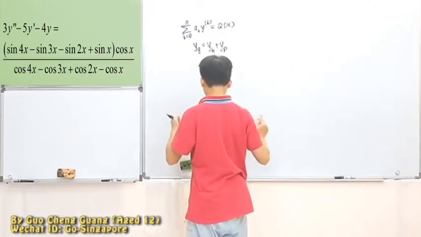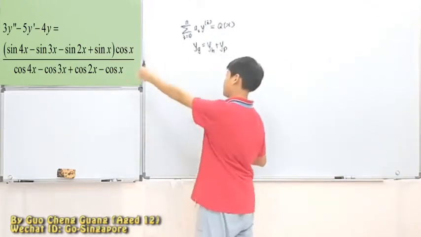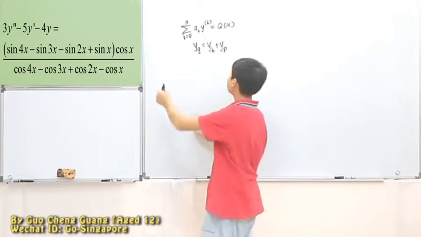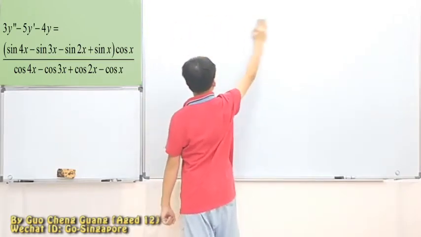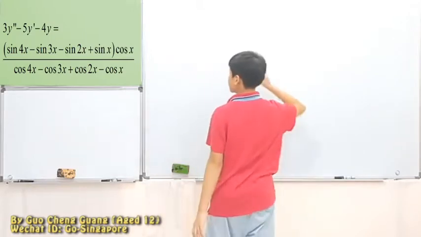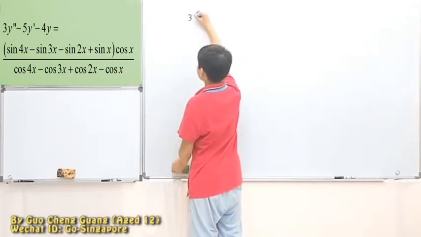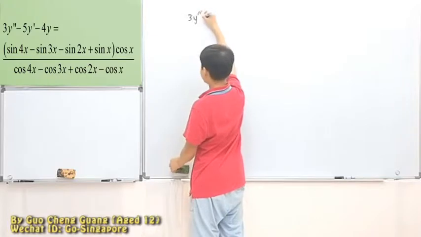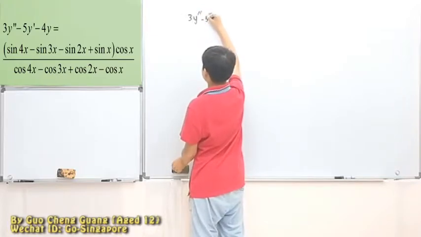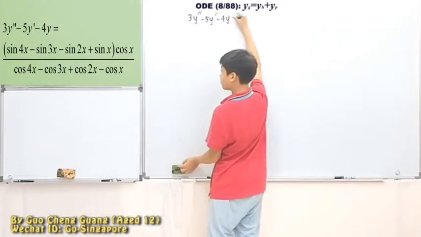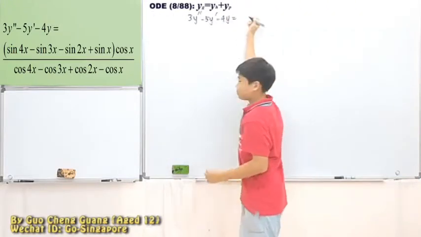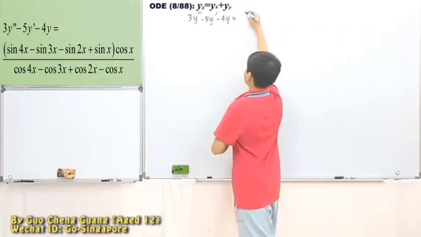For example, this example that we have here: 3y'' minus 5y' minus 4y equals, okay, this fraction is really long.